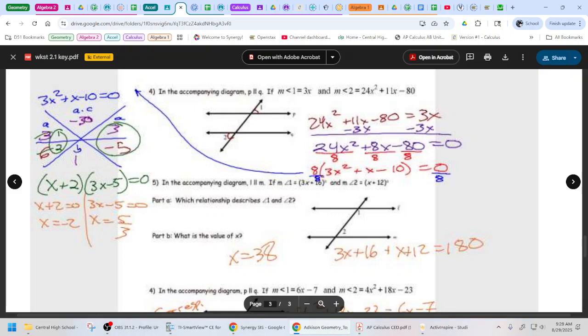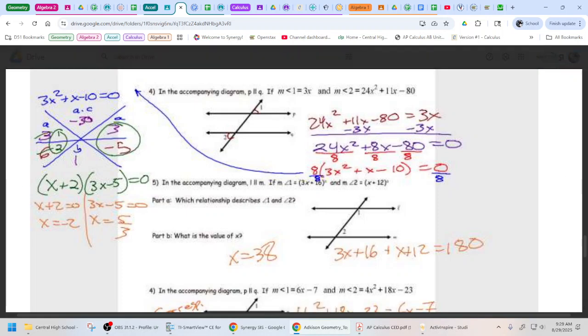And we get -2 and 5/3 for the answer. Now, do both of those work? If I take that x and plug it back into the figure, do they both work? Now, this one would be negative if I plugged in -2, right? So we're not going to have a negative angle.